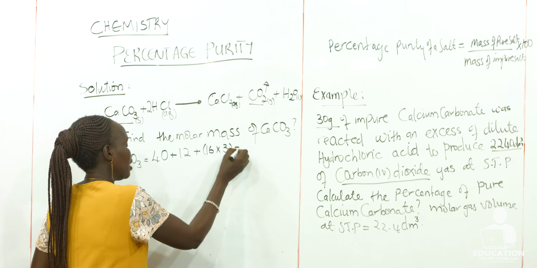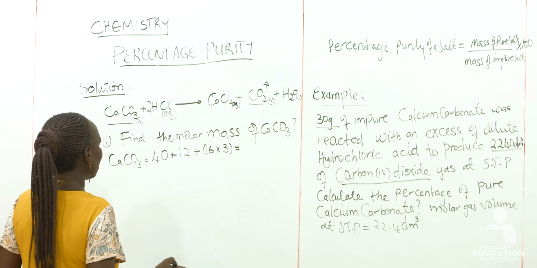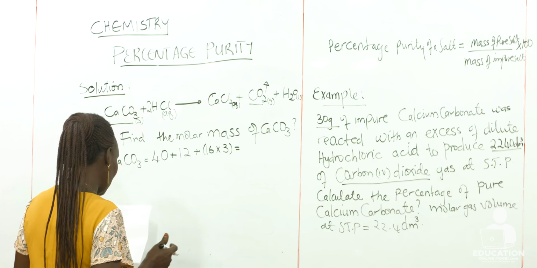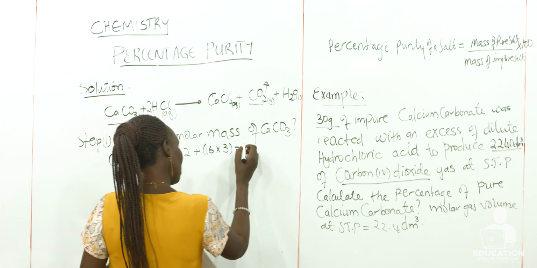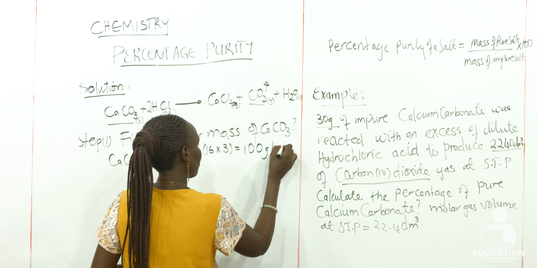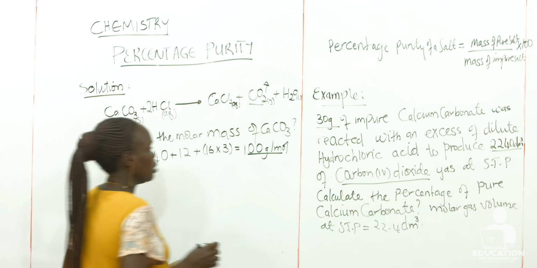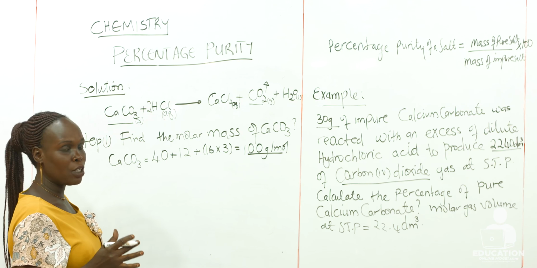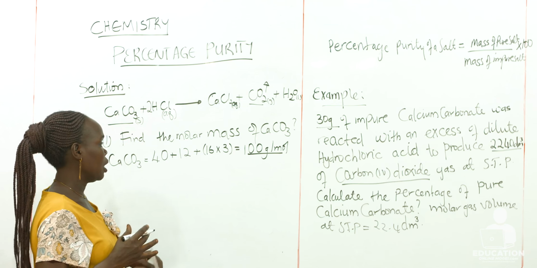When we calculate this out, the relative formula mass of calcium carbonate, which gives us the molar mass, will be equal to 100 grams per mole. So this is the molar mass of calcium carbonate, which is the solid in this reaction.